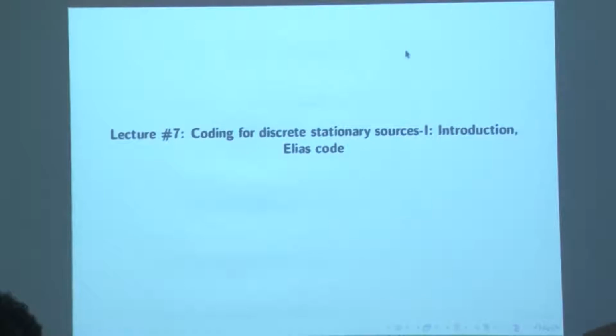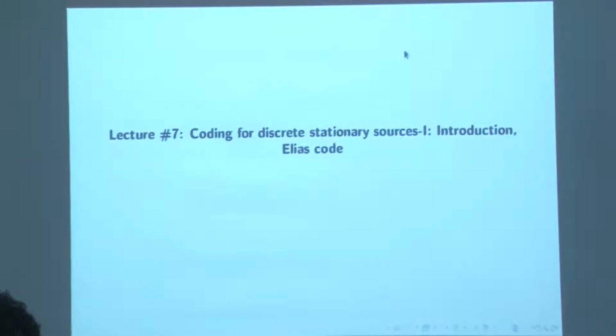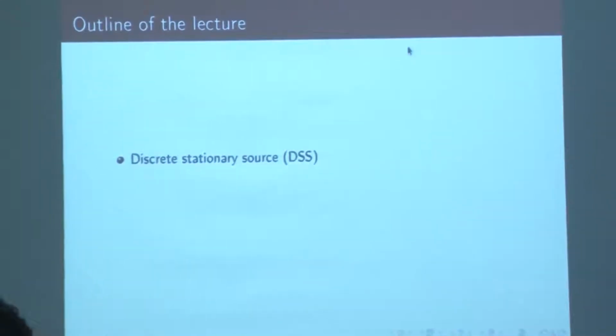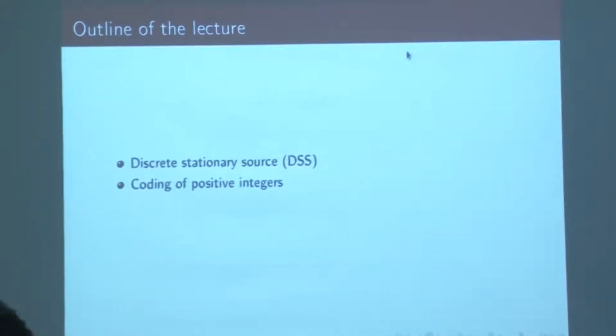In the next lecture I am going to talk about block-to-variable-length coding for a discrete stationary source, which is the Elias-Willems code. So, in this lecture I will talk about the discrete stationary source and its properties, and then how we can encode positive numbers using prefix-free code, which is the Elias code that we will be talking about.